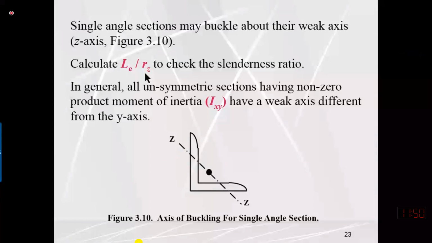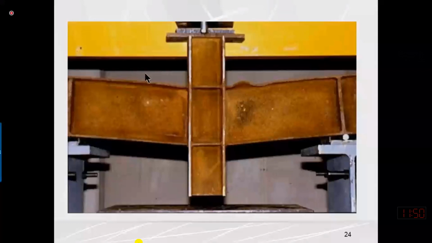Okay, here I will show you some pictures where you can see local buckling. In this figure, you can see only some portion of the flange is buckled, and most of the flange along the length remains straight or intact, and also there is no overall buckling.